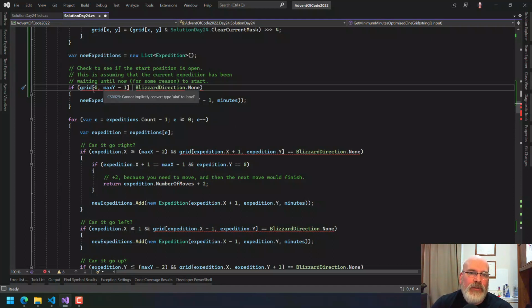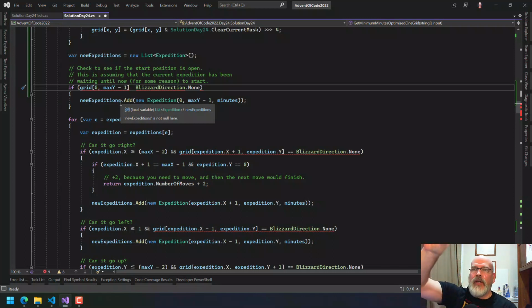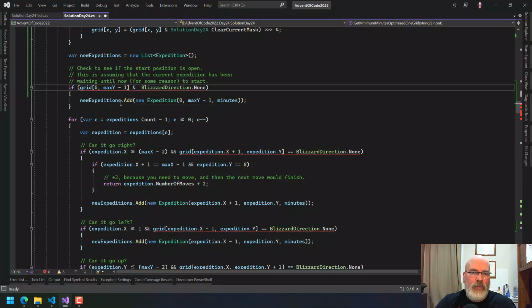So this one is basically saying, are the lowest 4 bits equal to 0. We started from the bottom, we moved to the top. The top is actually up there as max y minus 1. And we just want to say, and 0b 0's, 1, 1, 1, 1, 1, 1, 1, 1.